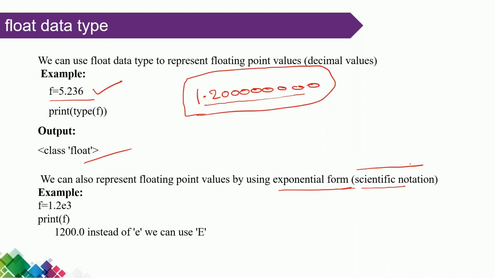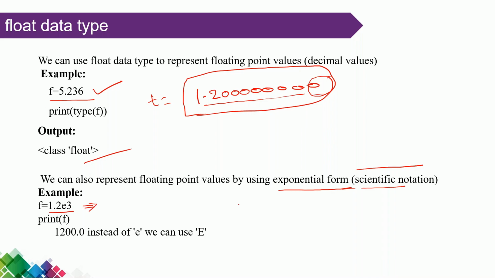Why is it called scientific notation? Suppose this is the time; in scientific notation, the fraction of a millisecond is also very crucial. So for such a number, f is equal to 1.2E3, we can represent it like this.